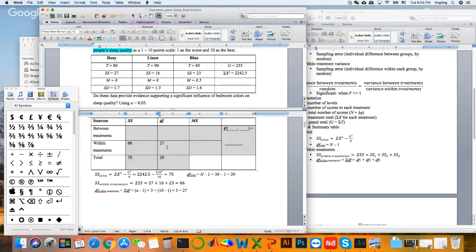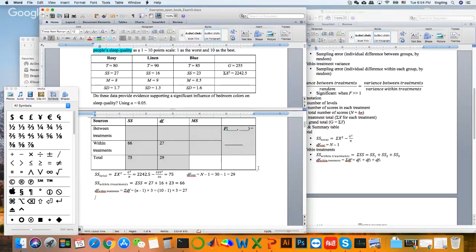So put 27 here. So we finished this part, right? The SS for the within treatment.